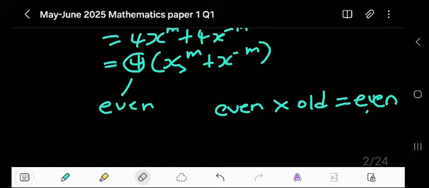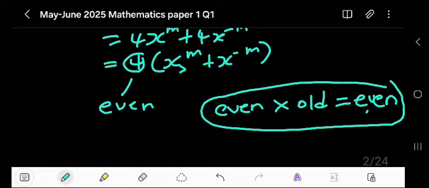You can even demonstrate like this to the examiner if you want.